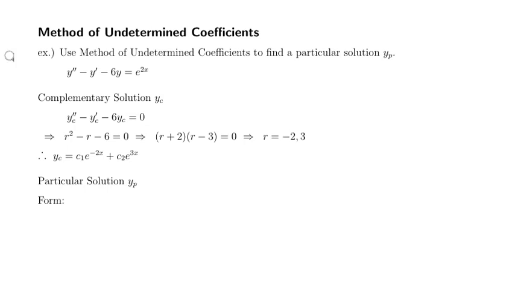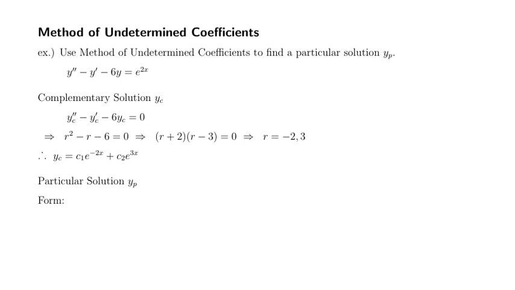Right, so we're going to pay attention to the right-hand side here, e to the 2x, right? So we're going to list all possible derivatives of e to the 2x, right? We kind of got lucky here because all the derivatives of e to the 2x are going to be e to the 2x. So we only have one possible term, which is e to the 2x.